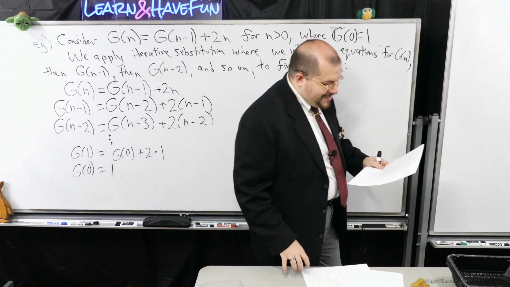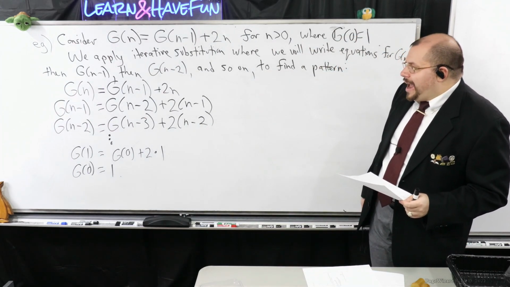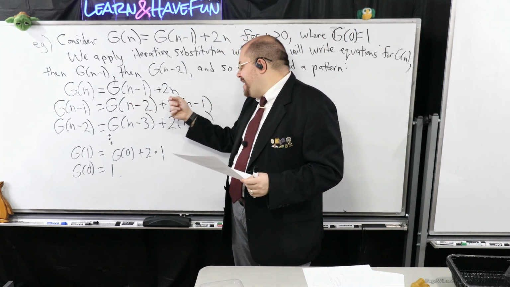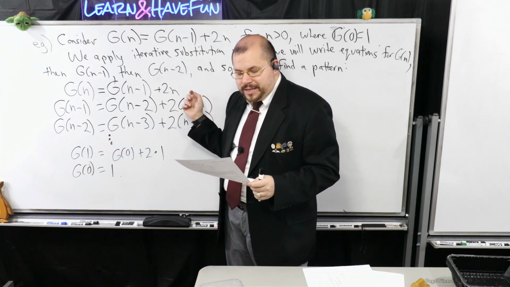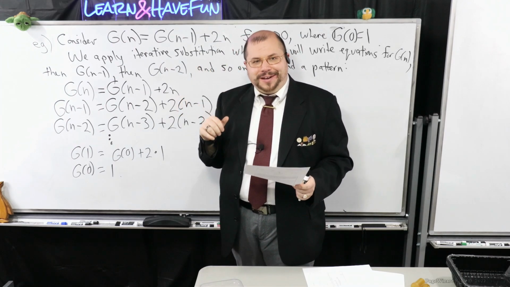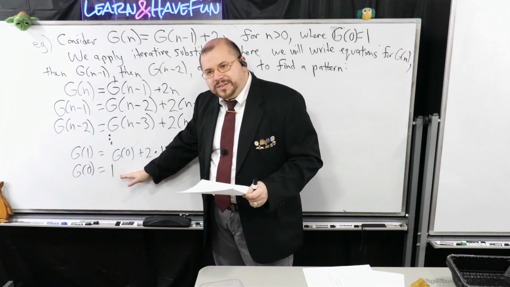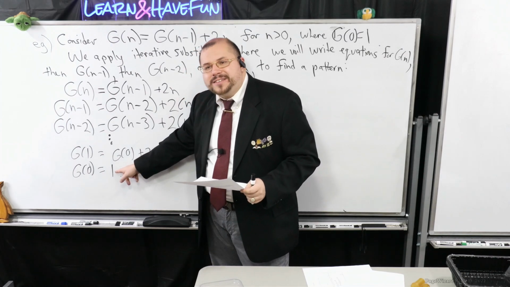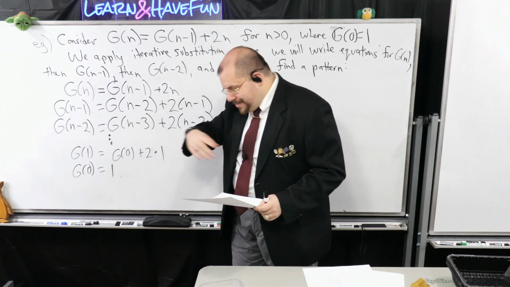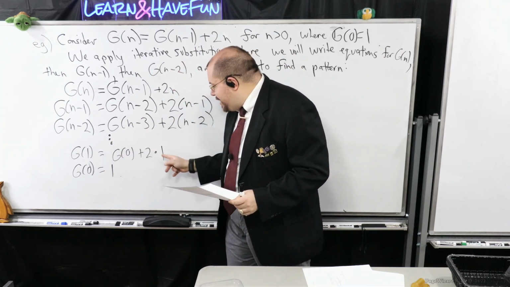So when you stare at this, you realize, okay, every time I apply this recursive definition, I'm adding something, and it looks roughly linear each time, right? That's a good intuition for where we're going here. If I start down here, like I did last time, notice that every time I introduce something into my bucket, I start with 1, and then I put in whatever that number is times 2.